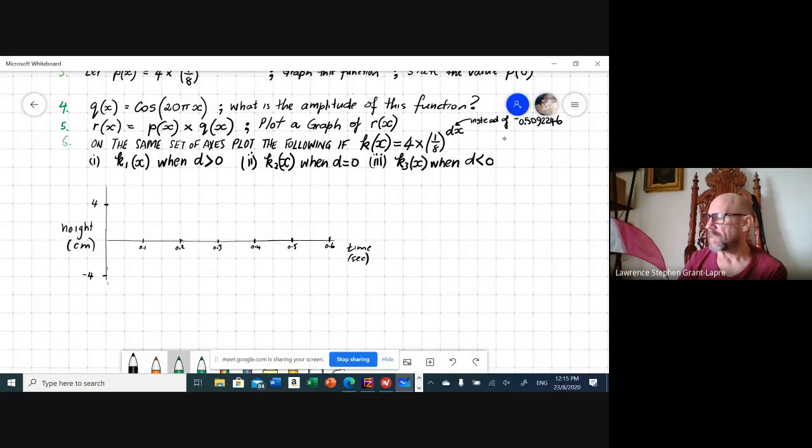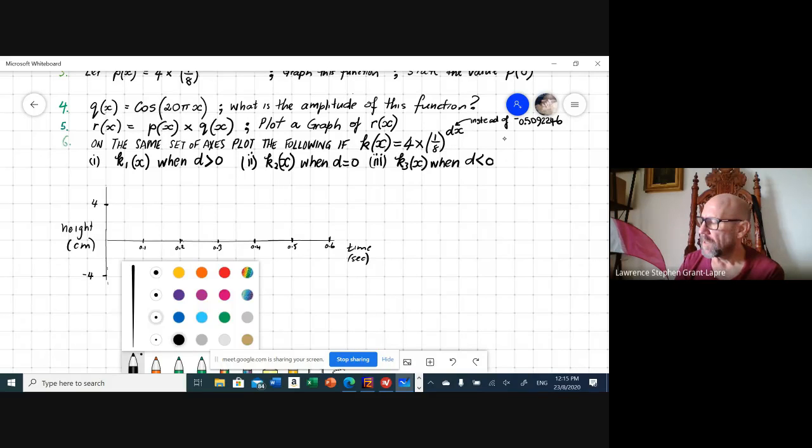All right, let's just get a different color here. Now, I believe we were told that there's 80% subsequent height.